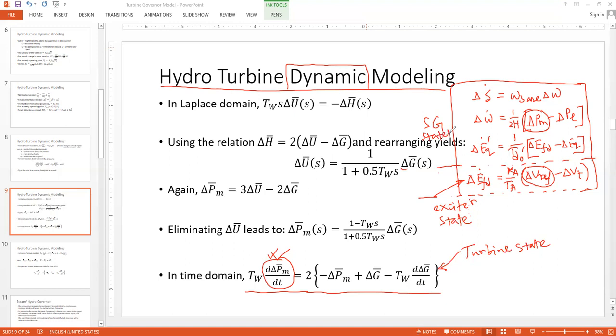But the problem is that if you remember, when we discussed the definition of state space model, it was of this form: x dot, the nonlinear form, equals function of x and u. So x is the vector of state variables on the left hand side of the state space model.